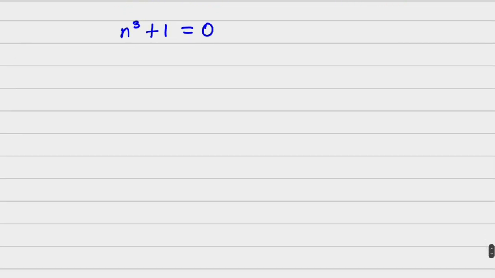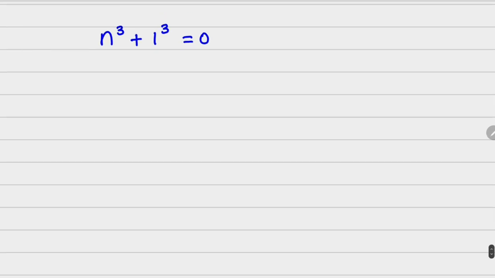And how do we do this? Okay, this can be written as n cubed plus 1 cubed is equal to 0. Okay, I'll need to show you something now. Just watch and learn. Now, if I want to expand a plus b, all raised to power 3, let me tell you what I'm going to have.